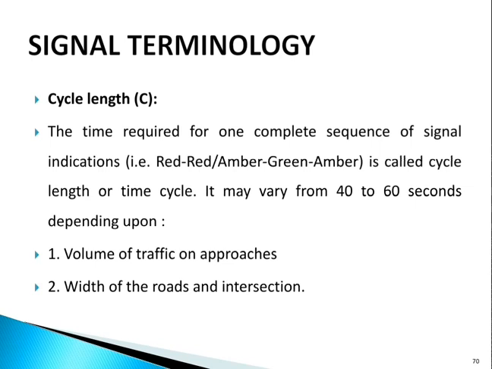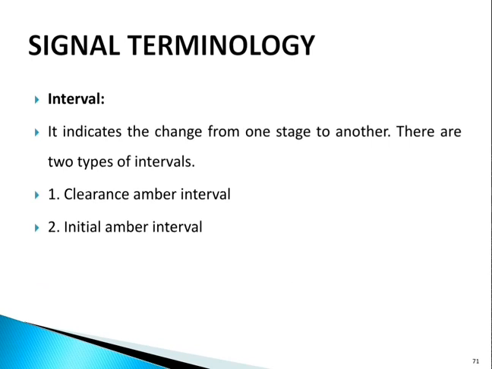Next is cycle length, which is denoted by capital C. The time required for one complete sequence of signal indications like red to red, or amber to green to amber, is called cycle length or time cycle. It may vary from 40 to 60 seconds depending upon number 1, volume of the traffic on approaches, and number 2, width of the roads and intersection.